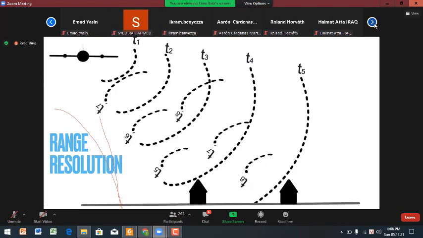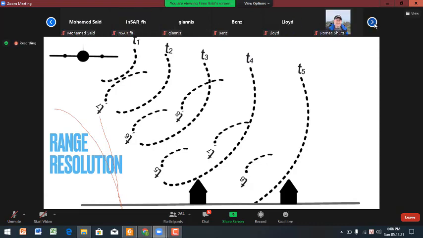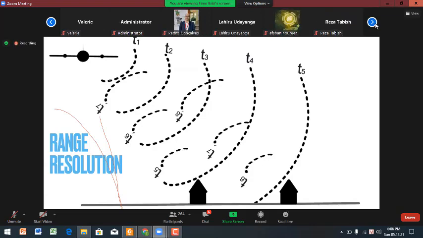We can measure times very, very well. Technically speaking, we can measure timing exceptionally well, much more precisely than we can measure distances directly. That's why we use laser, for example, to measure distances, because we can measure the time so well.